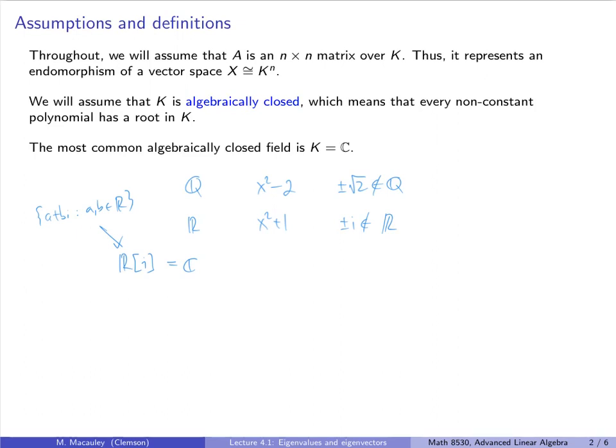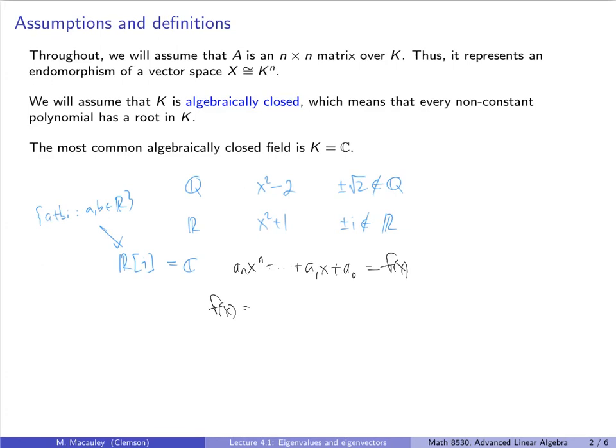So for example, if we have a polynomial, let's say a_n x^n plus ... plus a1 x plus a0 with complex coefficients, then let me call this f of x. Then f of x is going to have a root. Let's call that root r1.